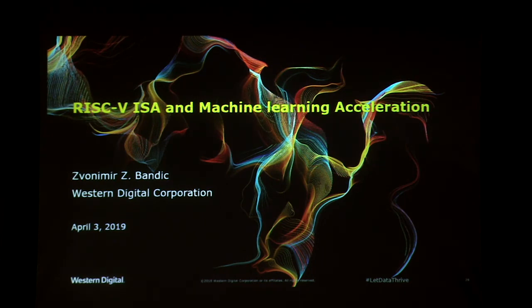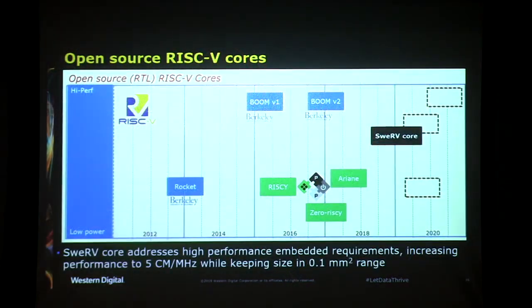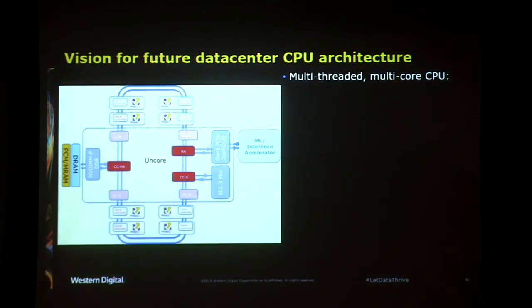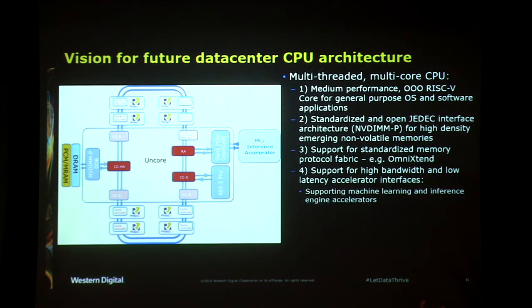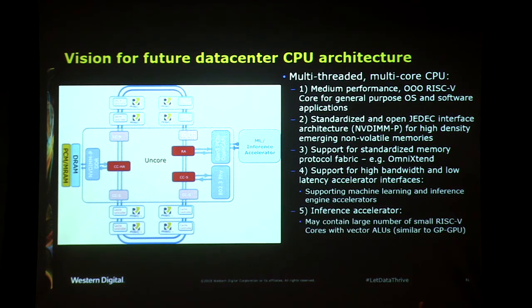So RISC-V and machine learning. How is this related? We've seen this core already, so you guys know this already. This chart is a high level, mostly marketing chart that explains the main trends in computer architecture. The main trend is that there is a need for new hardware that is dedicated to machine learning and to neural network inferencing workloads.